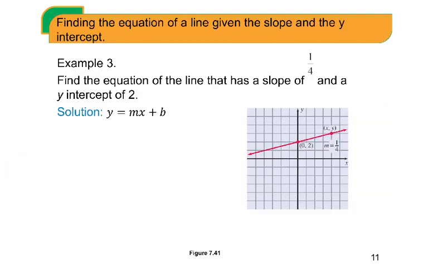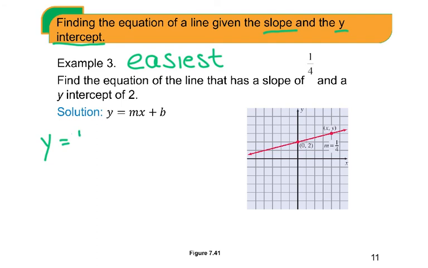Okay. I think we have time to do this. Hold on. This one. Example 3. Now we have the slope and we have the y-intercept. This is the easiest kind of problem, because you know what the slope is.